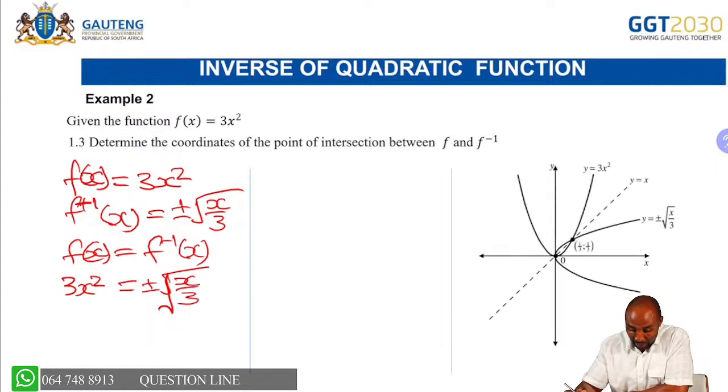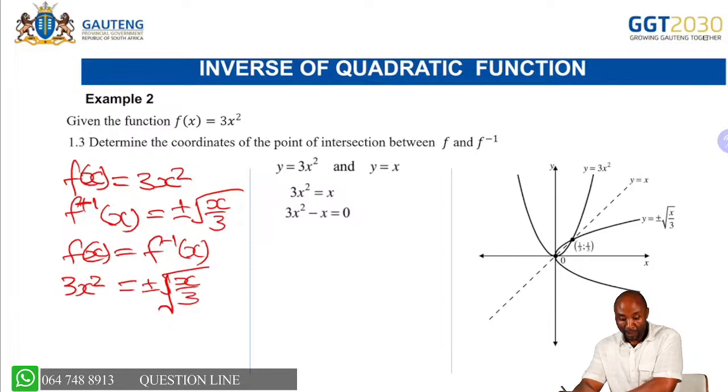So let's do that. We are going to use f of x is equal to 3x squared, and we are also going to use y is equal to x. When we solve the two equations, we substitute for y and we put x there, and we are going to write that equation in standard form: ax squared plus bx plus c is equal to 0.